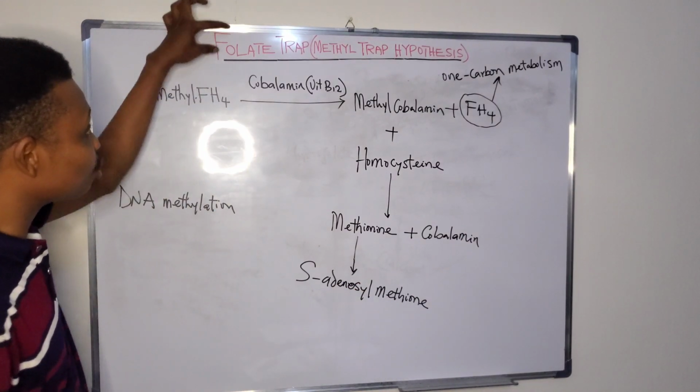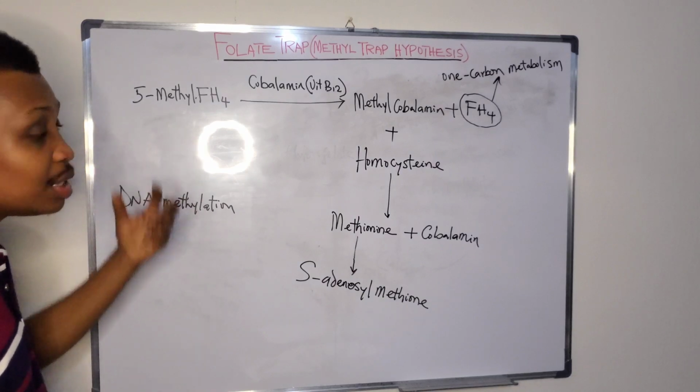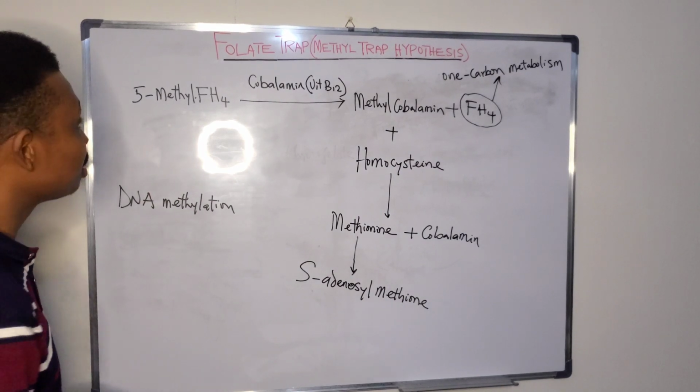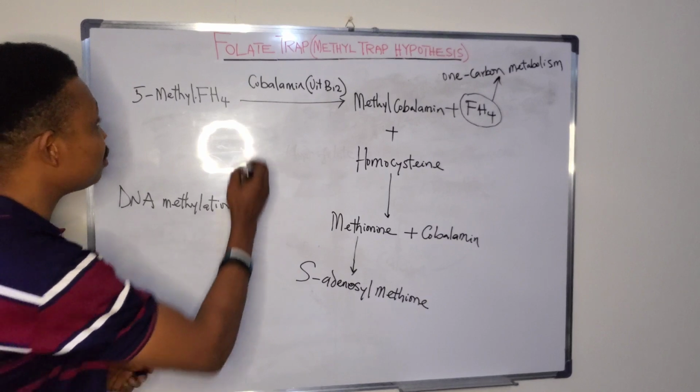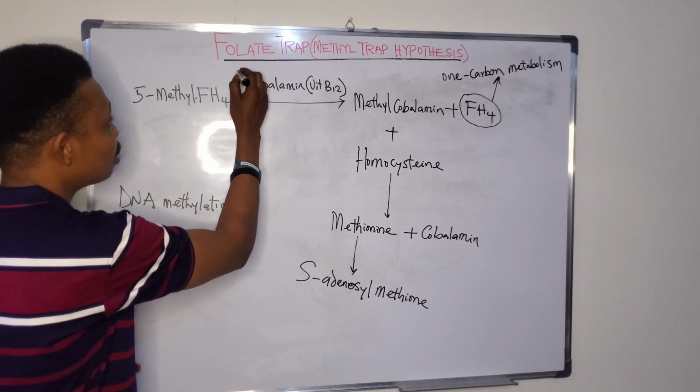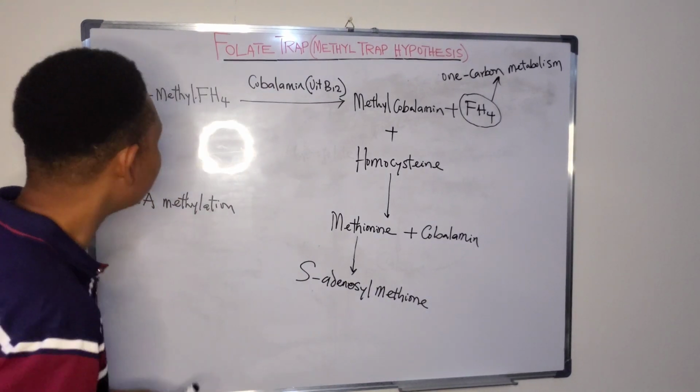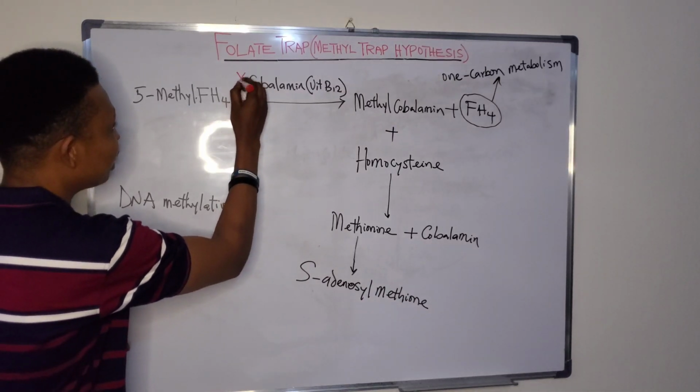Now, this is our topic, the folate trap hypothesis. Assuming cobalamin is deficient, so let's say cobalamin is not there.